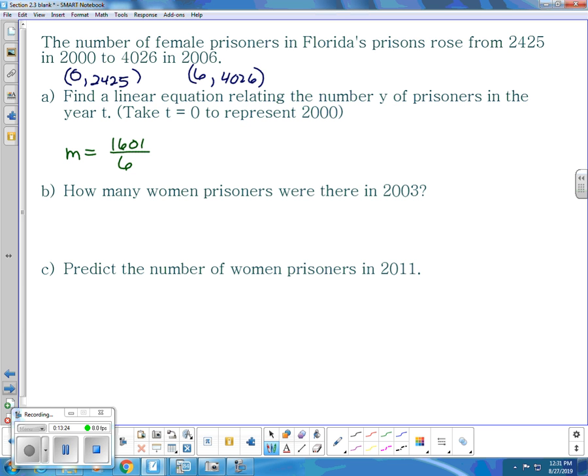Do I have a y-intercept? Was I given a y-intercept? I was given a point here that time is 0, so that's the y-intercept, so I can just write my equation. Because we're starting the problem at year 2000. So that's our starting population. And then it's changing.